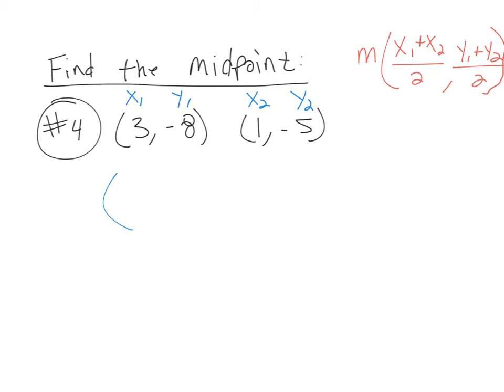So for this problem, we have x1 plus x2 all over 2, and we have y1 plus y2 all over 2. And next step down, we'll go ahead and do the work for this.